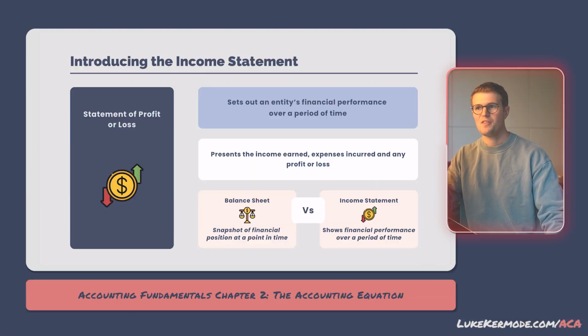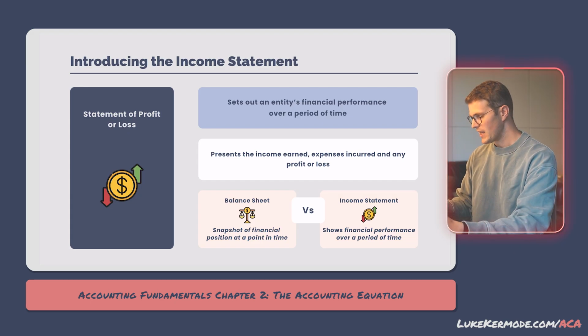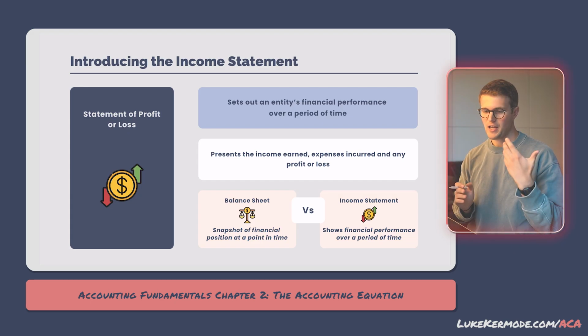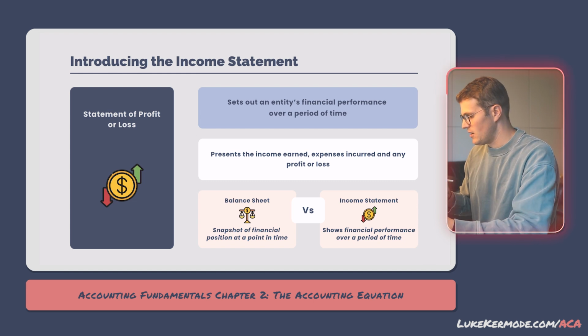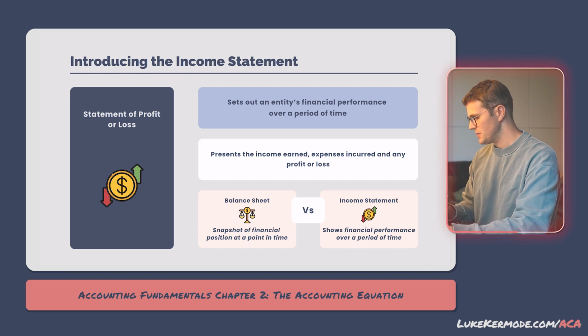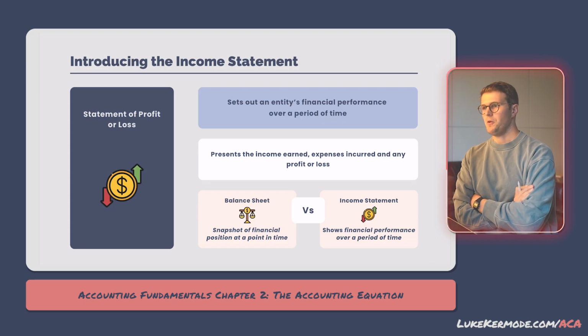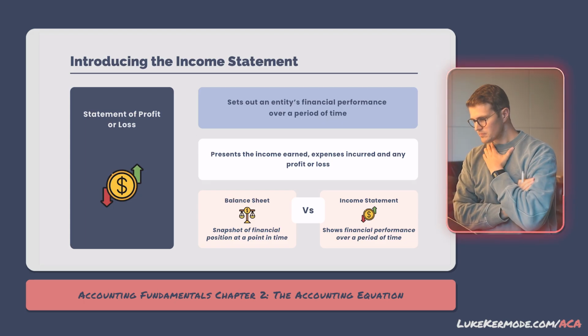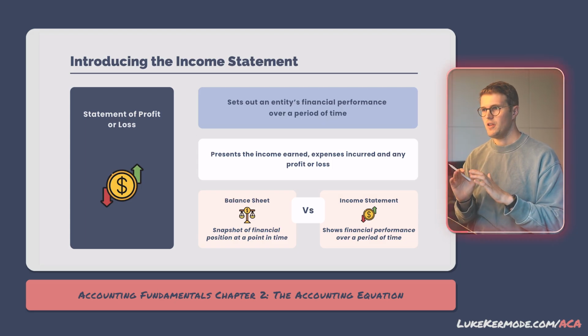Let's now explore the statement of profit or loss, the financial statement that shows how much income the business has earned and the expenses it's incurred to generate that income, ultimately arriving at the profit or loss for the period. You often hear this financial statement referred to as the income statement. It's important to understand how the income statement differs to the balance sheet.